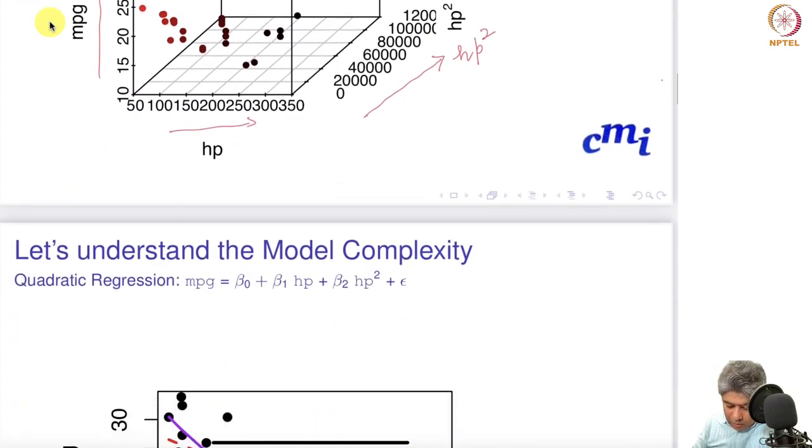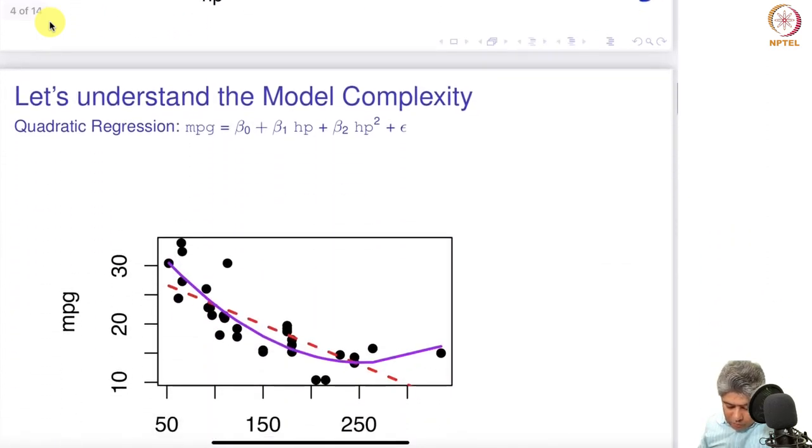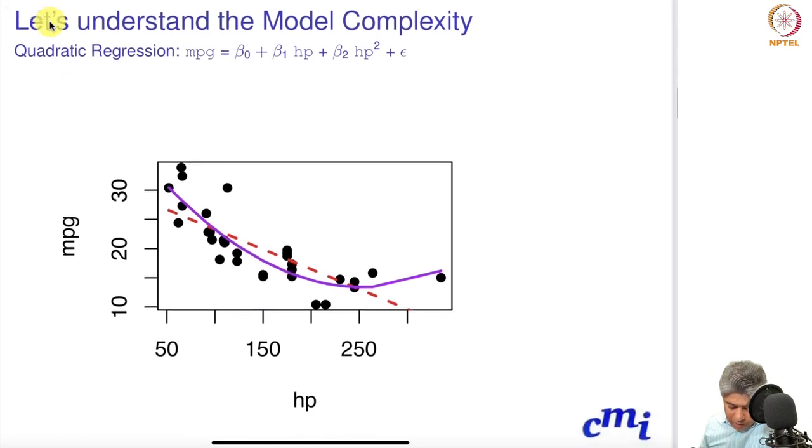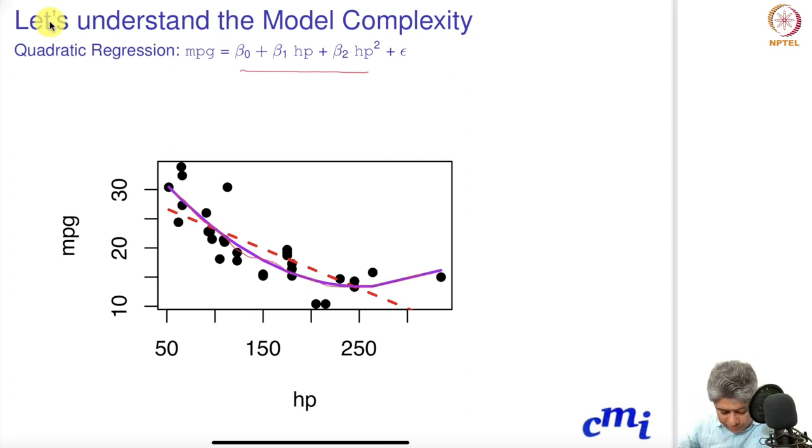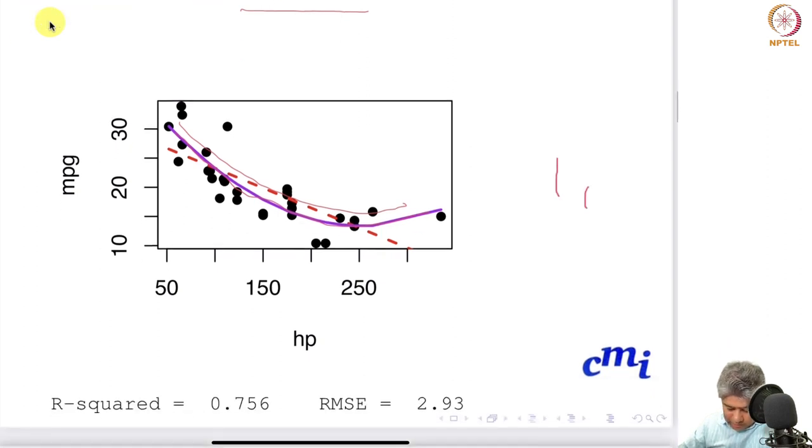When we fit this quadratic model, this purple color curve is the one we are fitting. What we see is that R square has gone up.